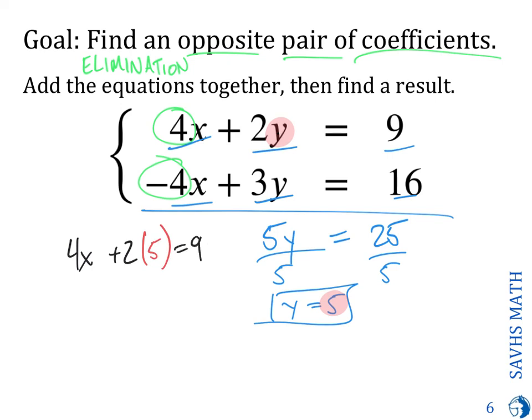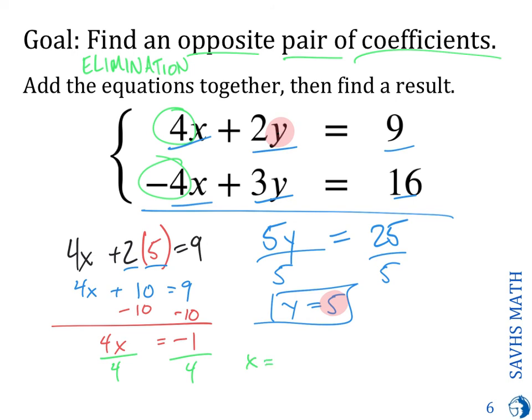Now I'm going to simplify a little bit and then solve for x. So 2 times 5 is 10. Minus 10, minus 10. And we get negative 1 equals 4x. Divide both sides by 4. And we get x equals negative 1/4.